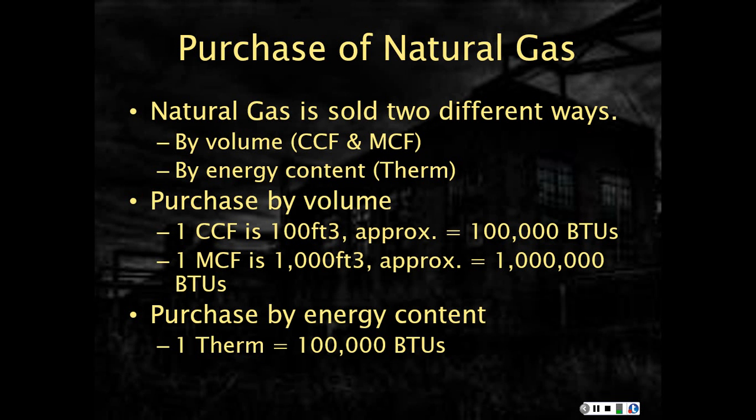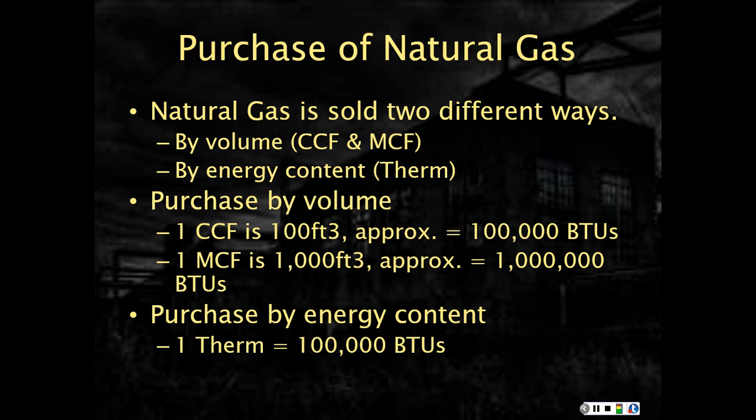As a reminder, the purchase of natural gas basically is in two different forms. I can purchase natural gas by volume, and again, CCF is the most common. That's 100 cubic feet, or larger consumers will have it by MCF, or 1,000 cubic feet.